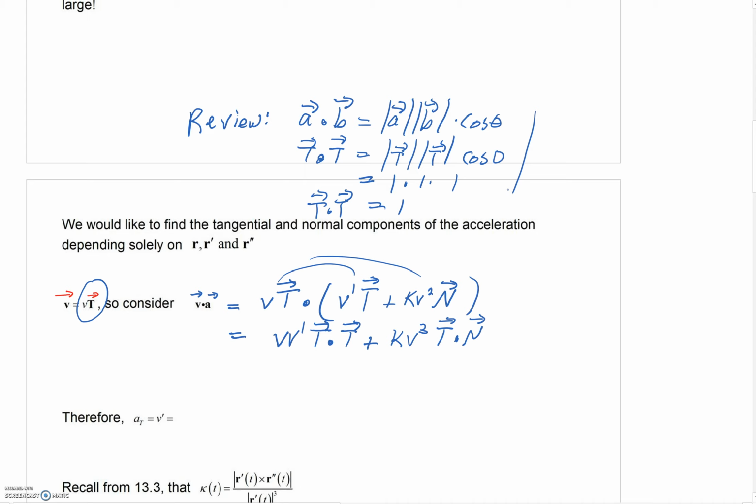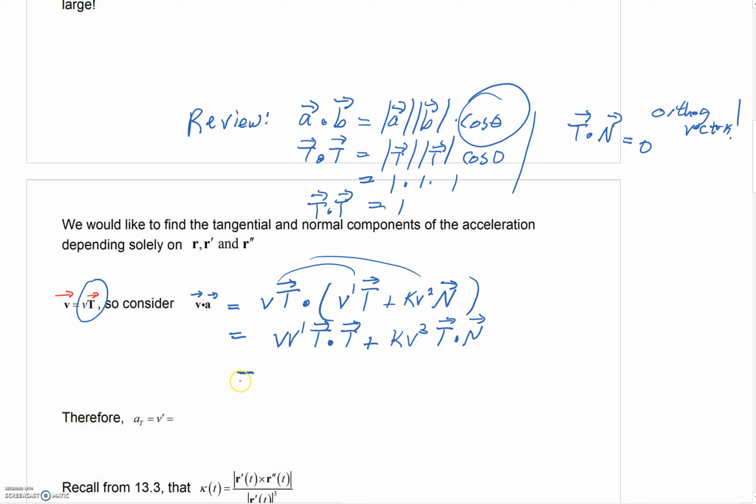Breaking this down with the tangent dot producted to the normal, remember that these are orthogonal vectors. They make 90 degrees with each other, and that means the cosine of 90 is 0. So remember, the dot product of orthogonal vectors is always 0. So what are we getting at?